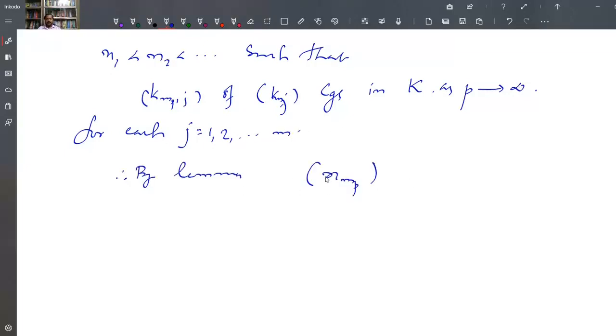Therefore by the previous lemma, the sequence x_{n_p} converges to some x in X.